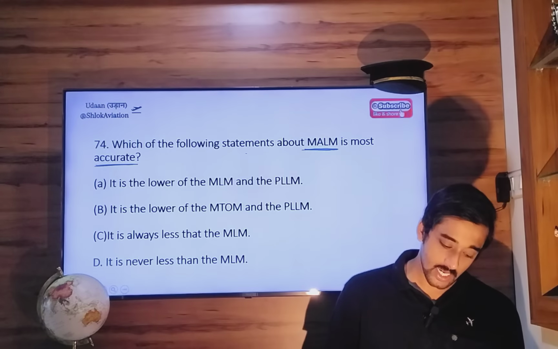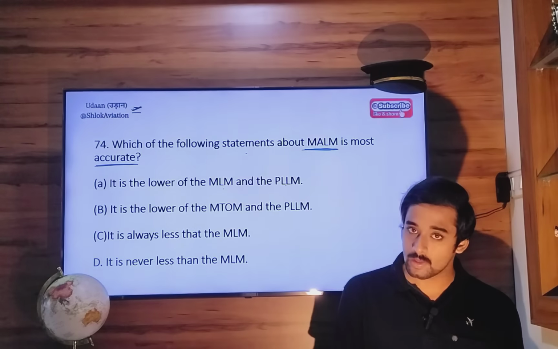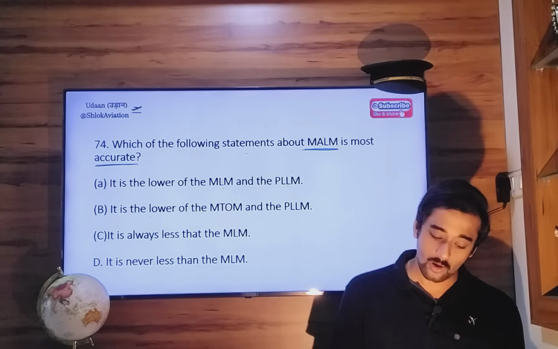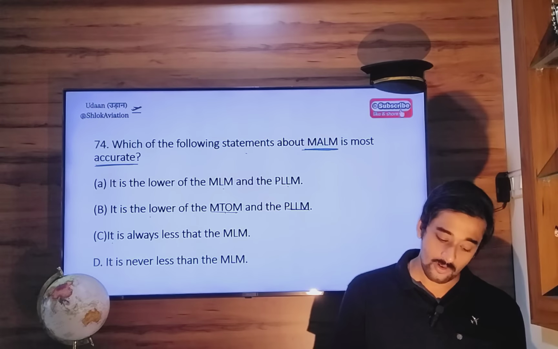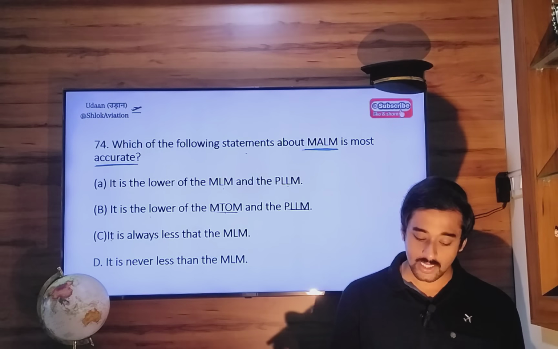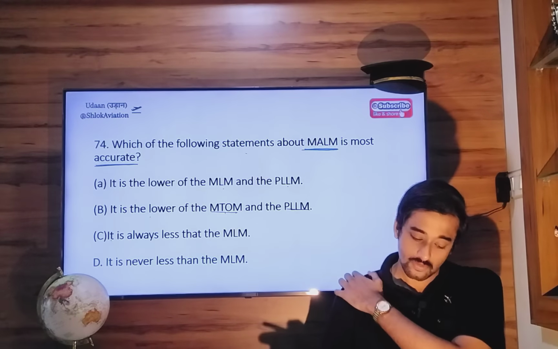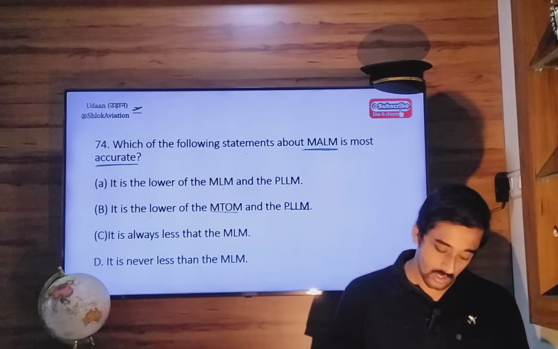So the correct answer here is the lower of maximum landing mass and performance limited landing mass. Is it always less than maximum landing mass? No, your regulated landing mass can be more than maximum structural landing mass also.